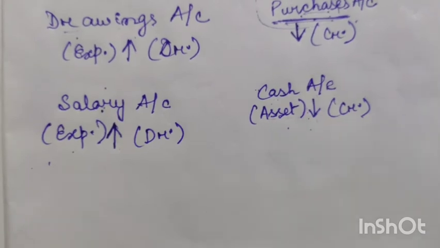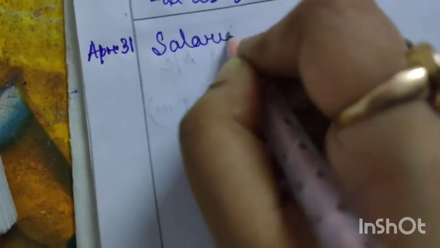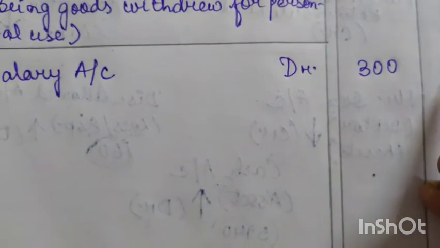Okay, now we will come to the journal entry. April 31st, salary account was debited, so we will write here salary account. Okay, debit, we have paid salary of 300, so we will write 300 on the debit side.